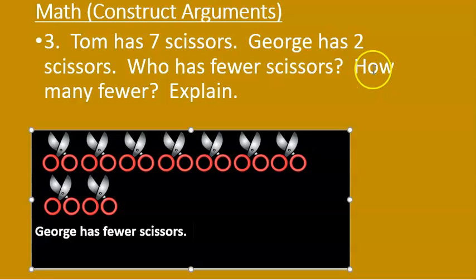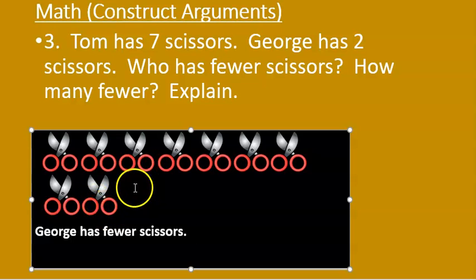Now the next question says, how many fewer? Now look, if we X these first 2 out, how many fewer does George have? Are there scissors underneath these ones? No, look at that. There are no scissors underneath here, so we need to count these up right here. These ones, they get taken out, okay?